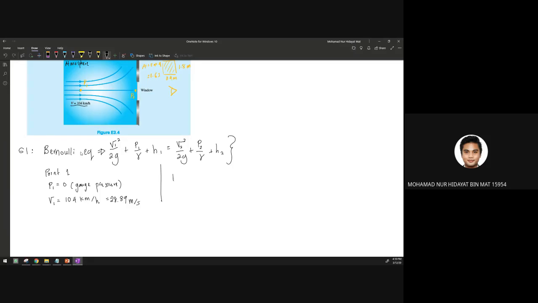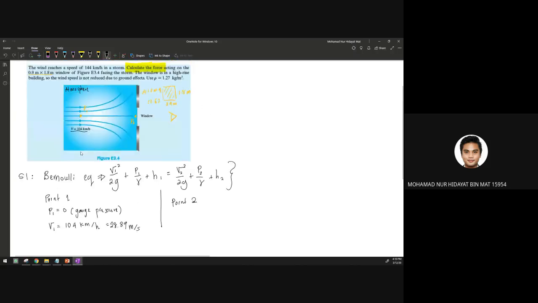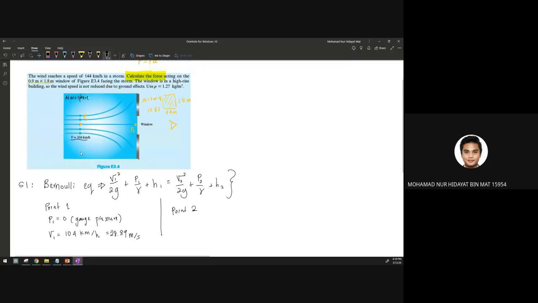And how about point number 2? So let's take a look at point number 2. Point number 2 is a stagnation pressure. Remember, the stagnation is stuck. The flow decelerates and suddenly comes to rest. So the pressure at the stagnation point is higher because it suddenly impacts.